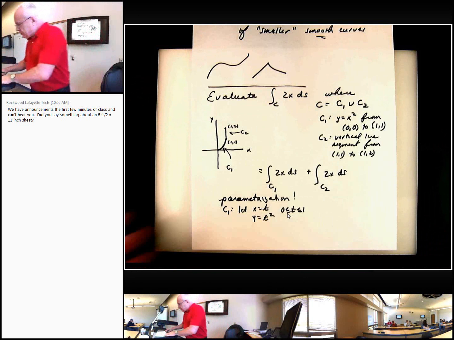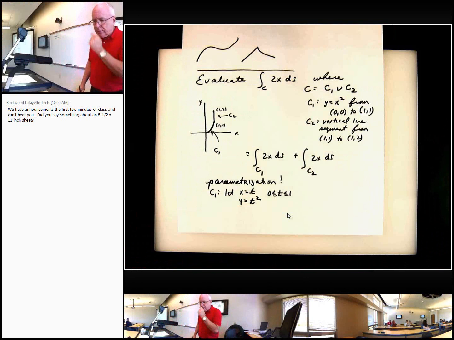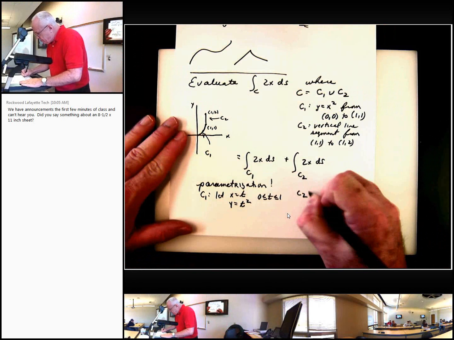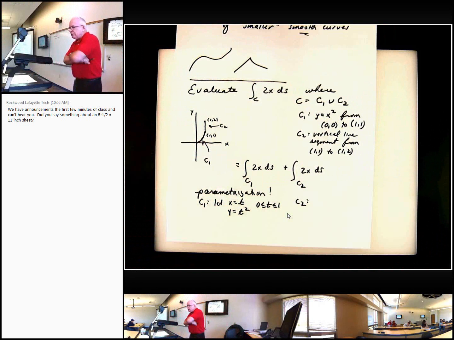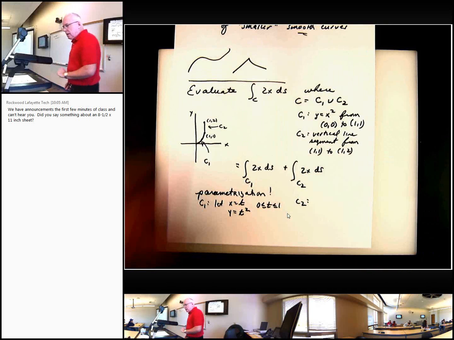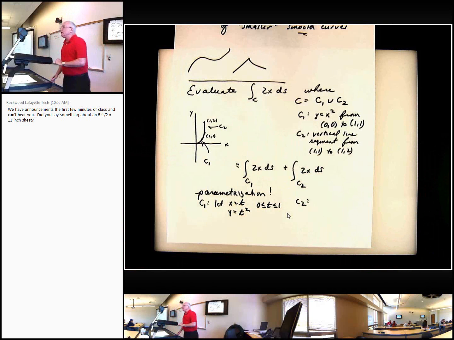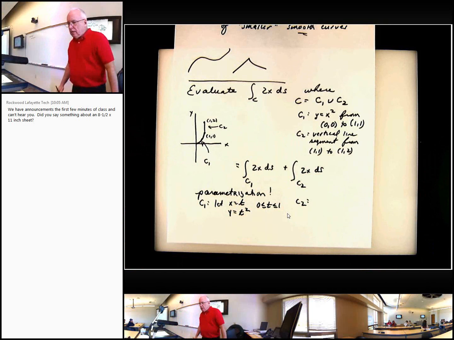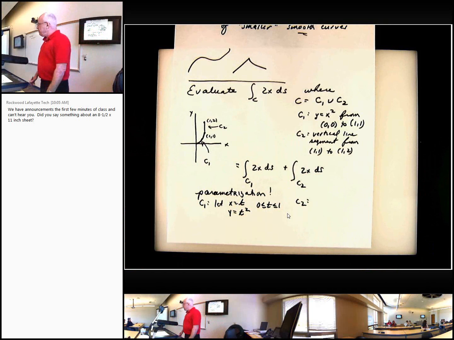Okay, so that's the parameterization for C1. How about for C2? Now, C2 is a vertical line segment. It starts at (1, 1) and it just goes up vertically by 1. Can we think of a parameterization for that?